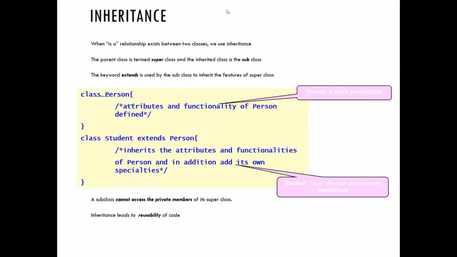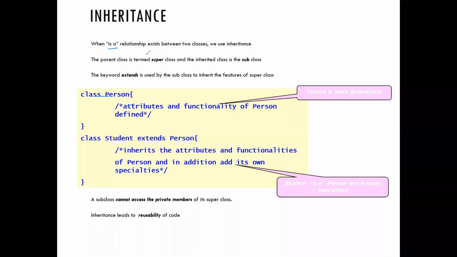Remember, when we say is-a relationship, that means it is very similar to something, we say it is a kind of something. The parent class is termed as superclass and the inherited class is the subclass. The keyword extends is used by the subclass to inherit the features of the superclass.